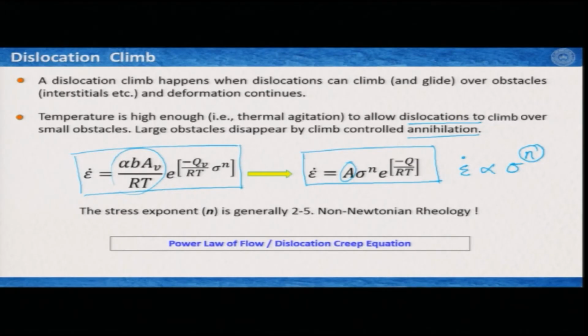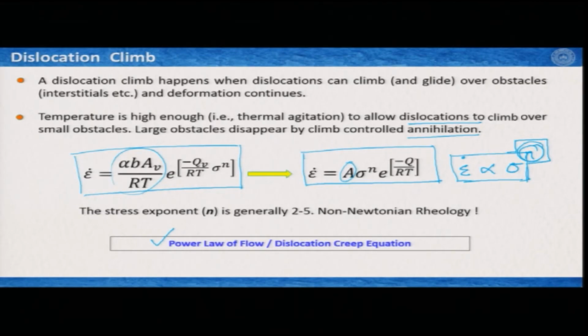It can be much higher, but then we assign it to a different mechanism. So, strain rate and stress are not linearly related, but it requires an exponent, which is n in this case. Therefore, it is non-Newtonian rheology, as we learnt at the very beginning, and because sigma has a power of n, it is known as the power law of flow or dislocation creep equation.